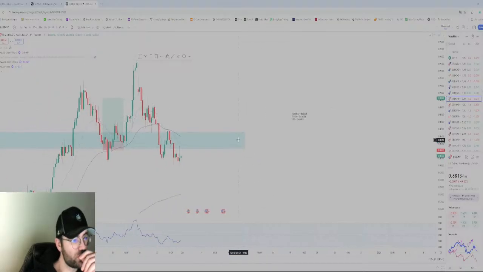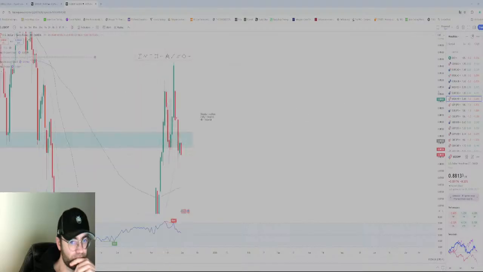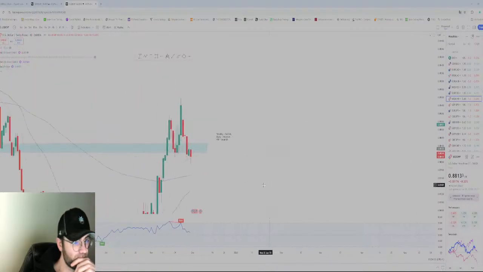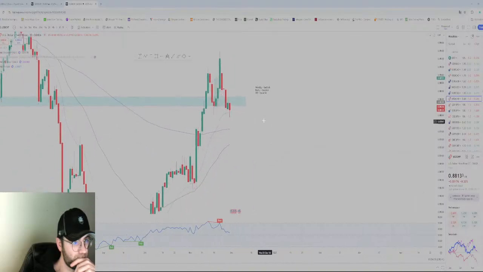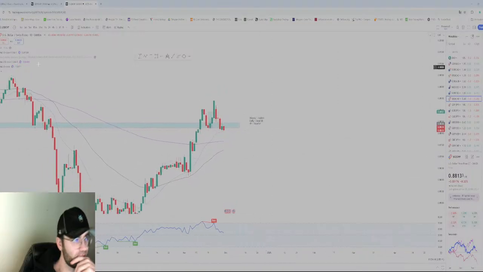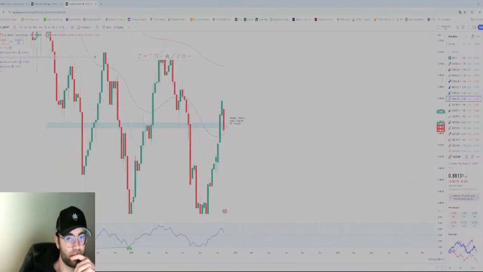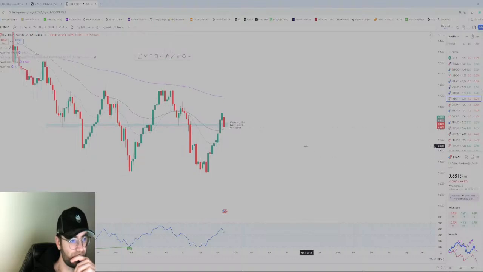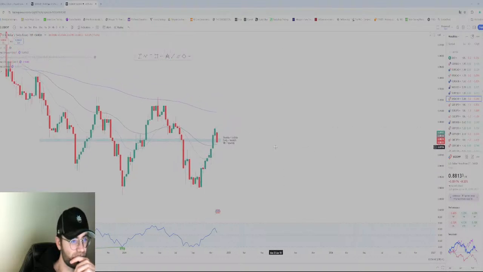Yeah. Okay, 4-hour bearish. This one I'm also down to just sell, but I don't like that the weekly is bullish. Also the 50 EMA.